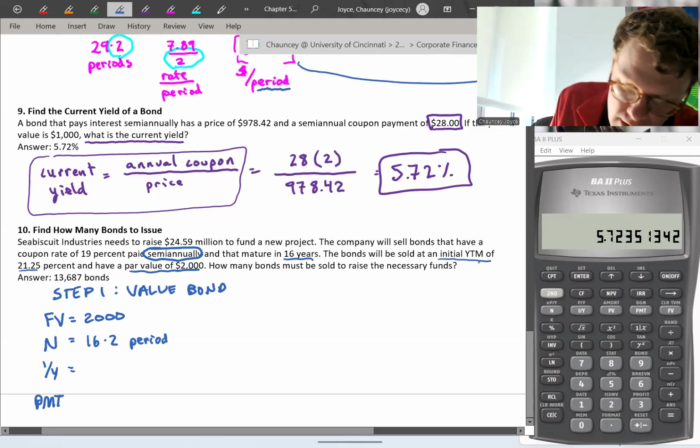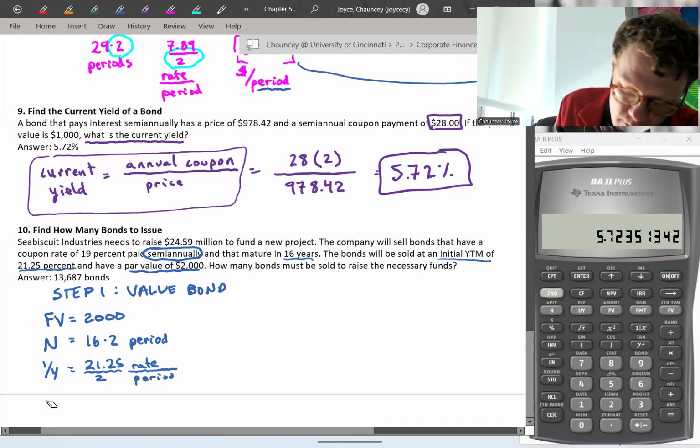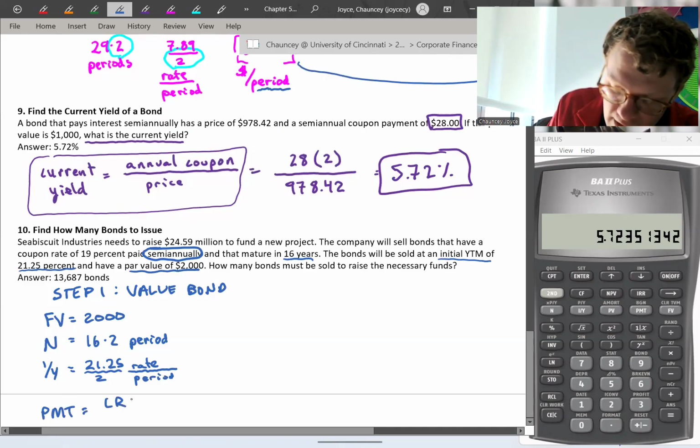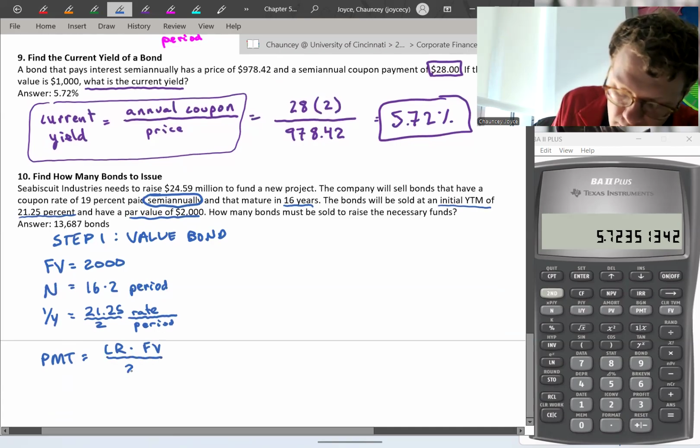Yield to maturity is 21.25% over 2, because now it's quoted as an annual percentage rate, and we need to convert it into a rate per period. Your coupon payment is your coupon rate times your face value over 2, because it's a semi-annual bond.